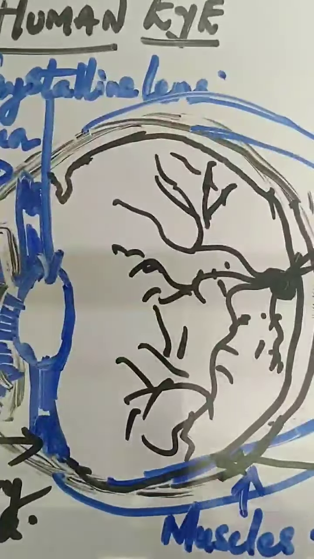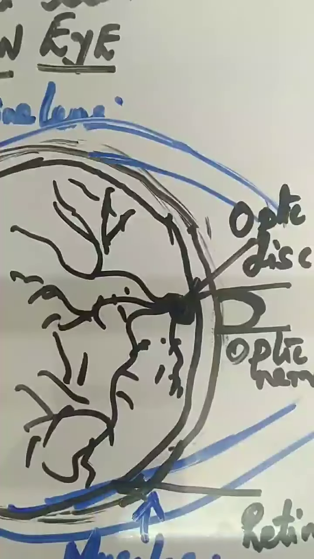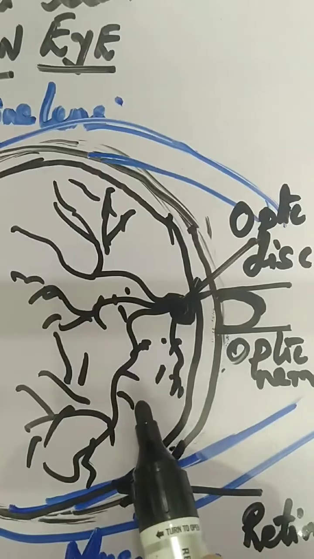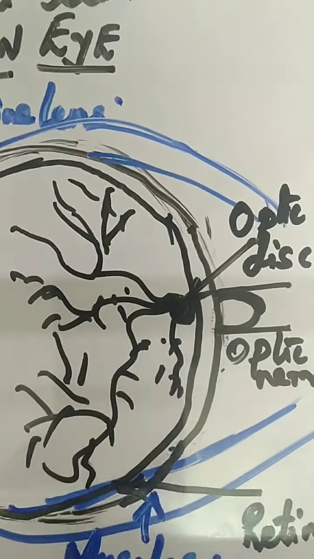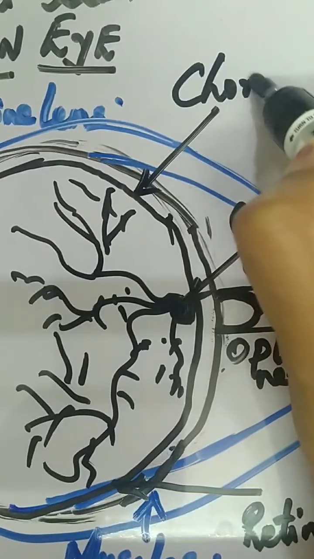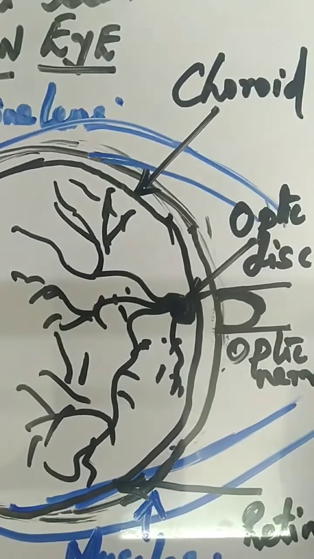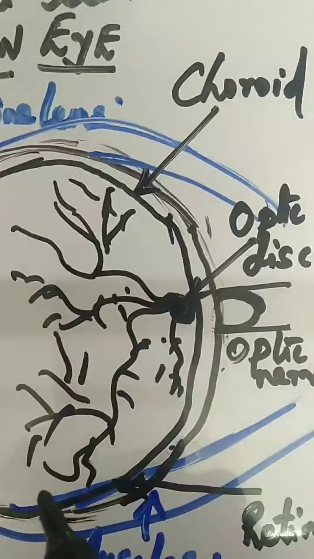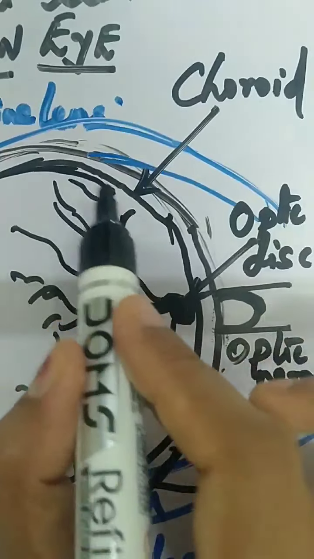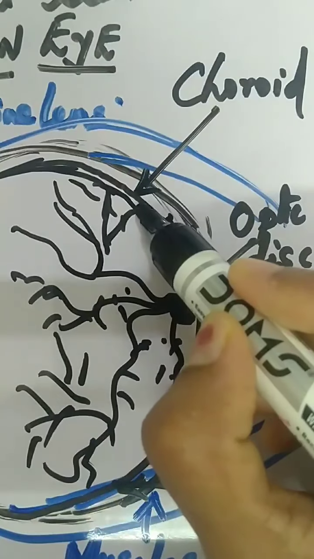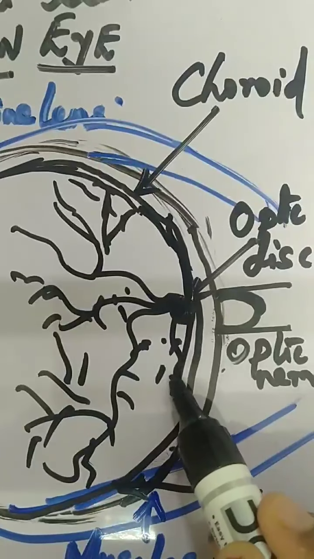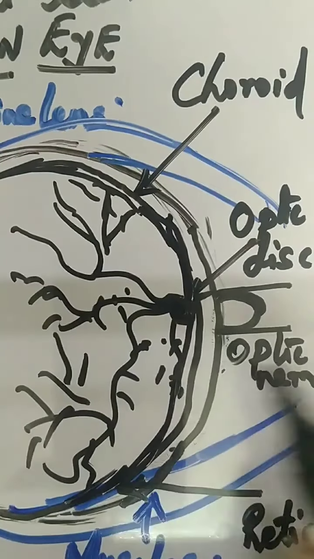There are 2-3 layers. Here you can see, 1-2 layers I have shown. Any one of the other layers you can call the choroid. Choroid. Then for another coating, one light coating you can show inside, not too light, and let it get joined somewhere behind.